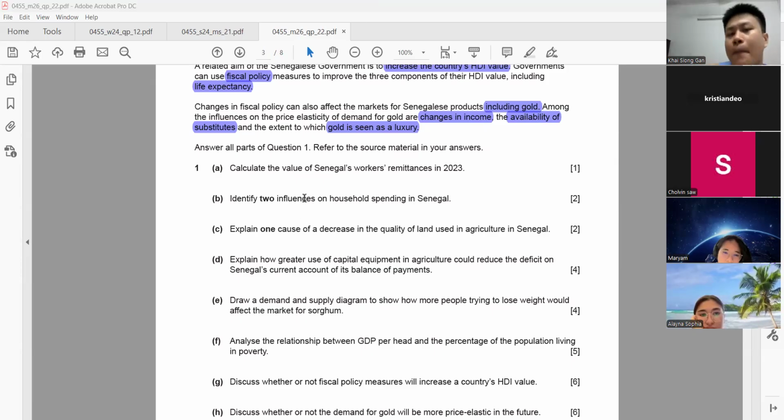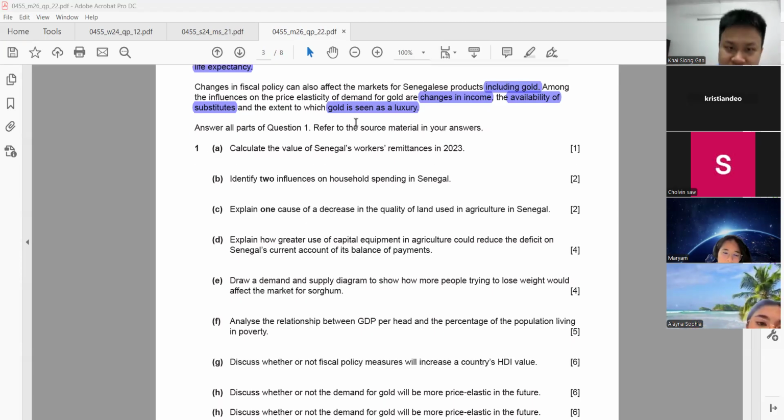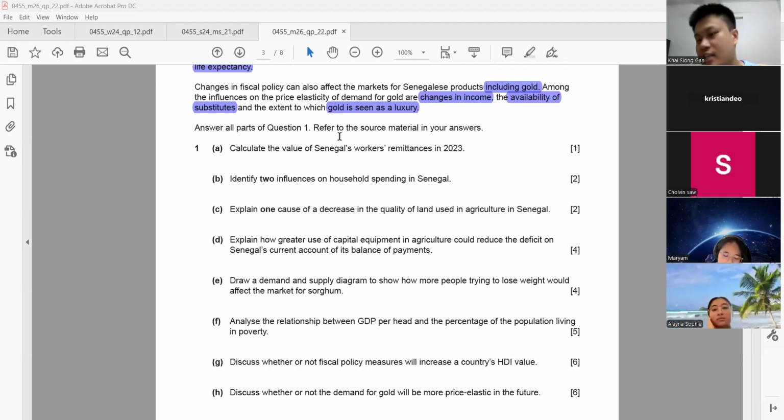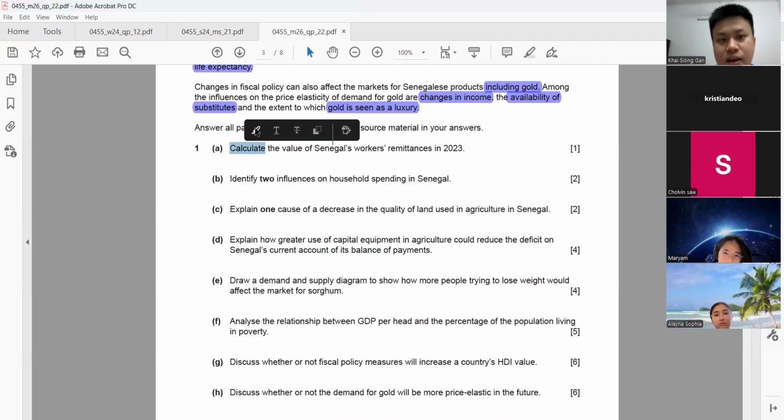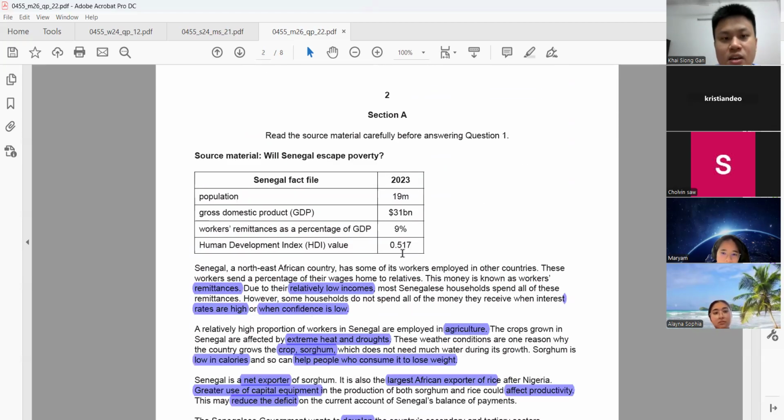Okay, so answer all parts of Question 1. In Section A you must refer to the source material; in Section B no need. First question: calculate the value of Senegal's workers' remittance in 2023. So we calculate the remittance. Here you see that workers' remittance as a percentage of GDP is 9%.